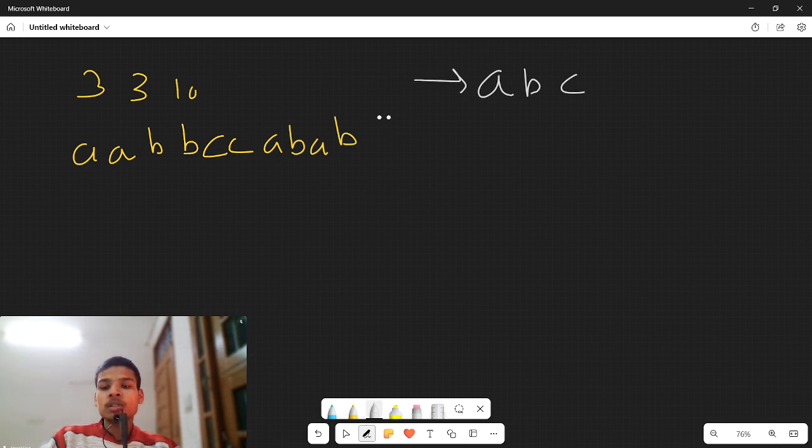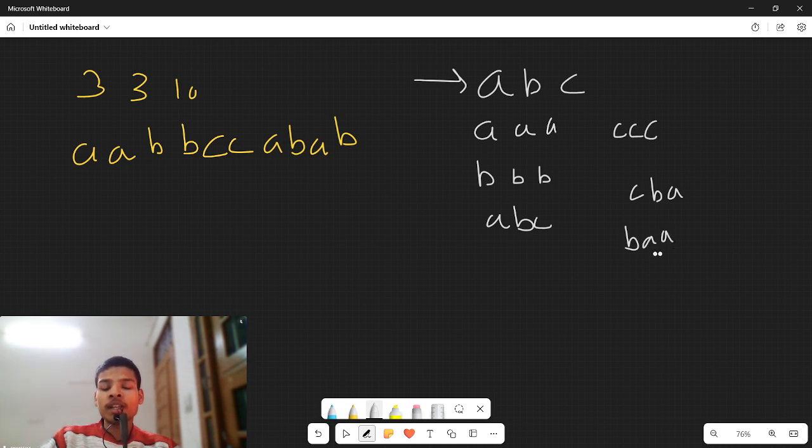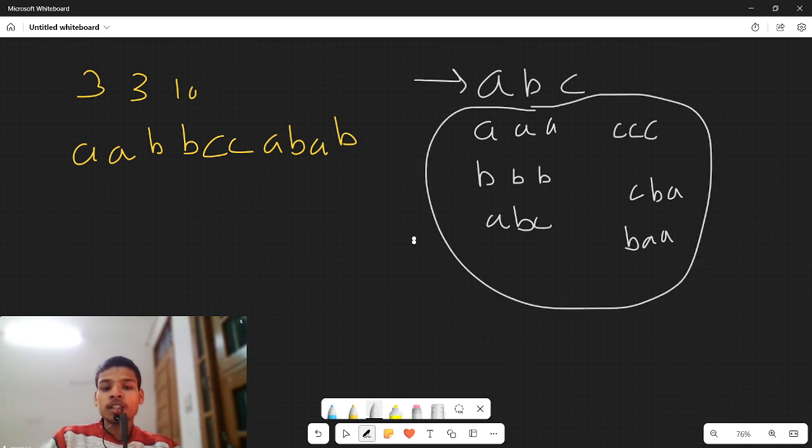So how many possible strings can I get? I can get A, B, BBB, CCC, and ABC, and many more like CAB also, and BA also. So there are many strings which I can get, but whether all of these strings are present as a subsequence in this string.